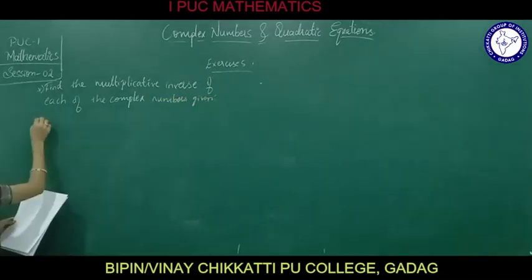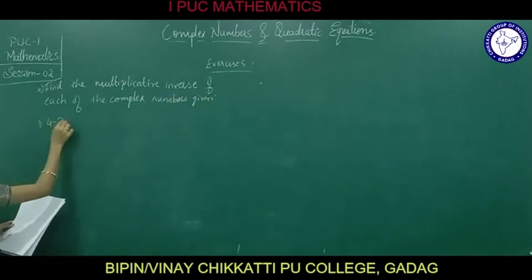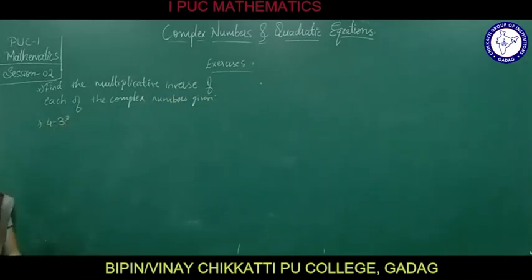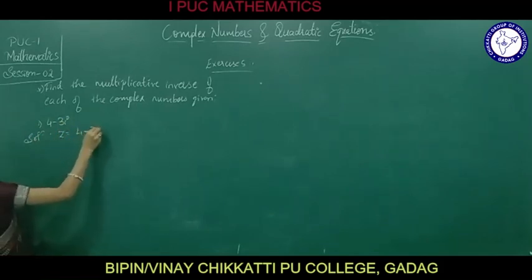Among that, the first one is 4 minus 3i. We need to find the multiplicative inverse. How are we going to find it? Let us consider z as 4 minus 3i.